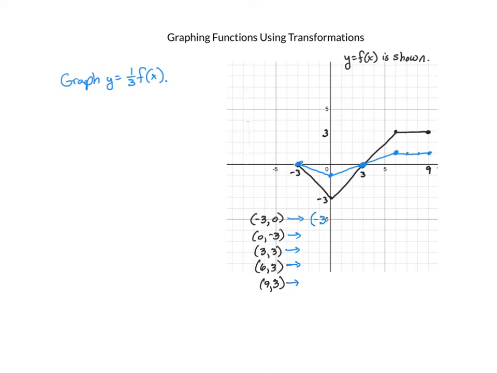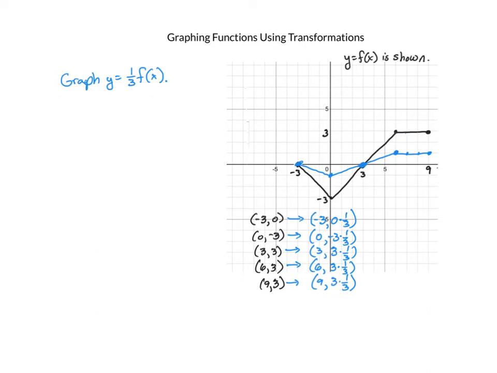We'd have -3, 0 times 1/3. 0, -3 times 1/3. 3, 3 times 1/3. 6, 3 times 1/3. And 9, 3 times 1/3. Our stretch or compress factor right here multiplies our y values by 1/3.